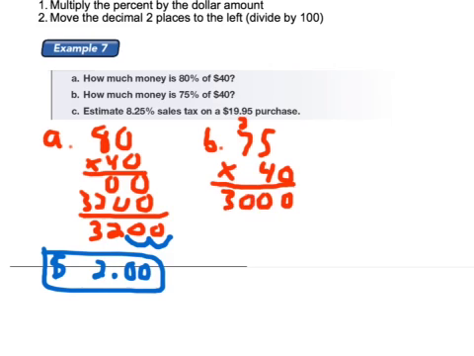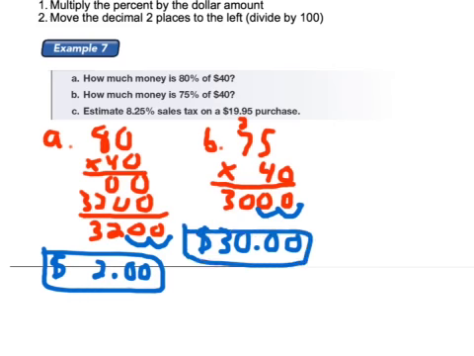Okay, so I got 3,000. Now I move the decimal point 2 places to the left. So again, I put a decimal point in there, 2 places to the left, so it now goes between the zeros in the middle. The question said how much money, so I write as money, $30.